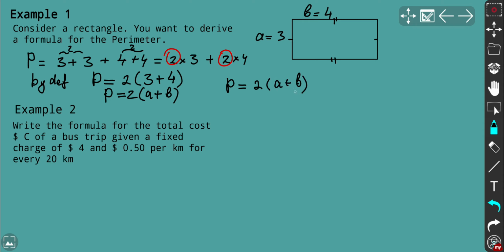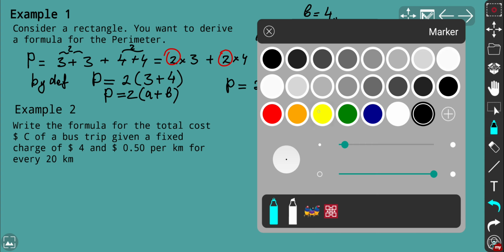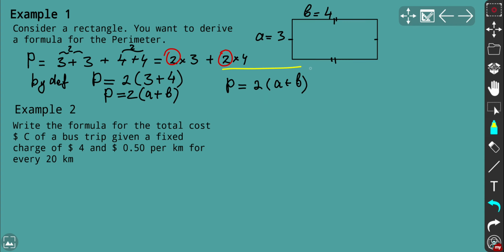Of course, you might take a plus b plus a plus b, but this is not the simplified version, so I consider the former the simplest form, and we can say this is going to be the general formula. As you saw, I started from numbers, tried to play with them and generalize. In this case, generalizing is pretty easy. You don't need to play a lot with numbers, just say we add width and length and multiply by 2.